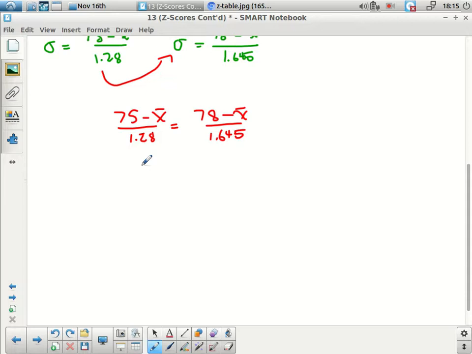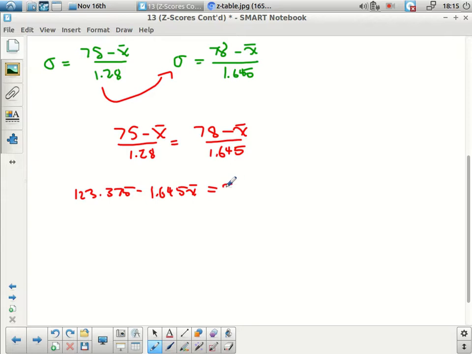So 75 times 1.645, I'm going to get 123.375 minus 1.645 x bar equals 99.84 minus 1.28 x bar.